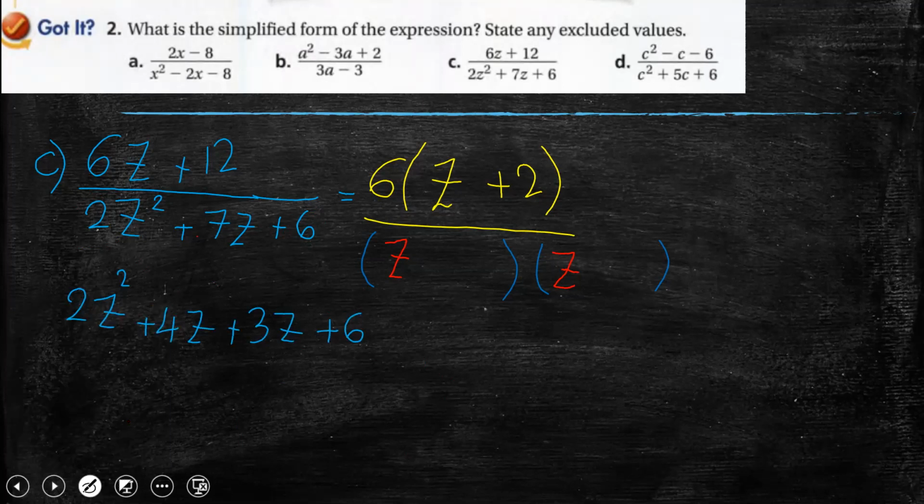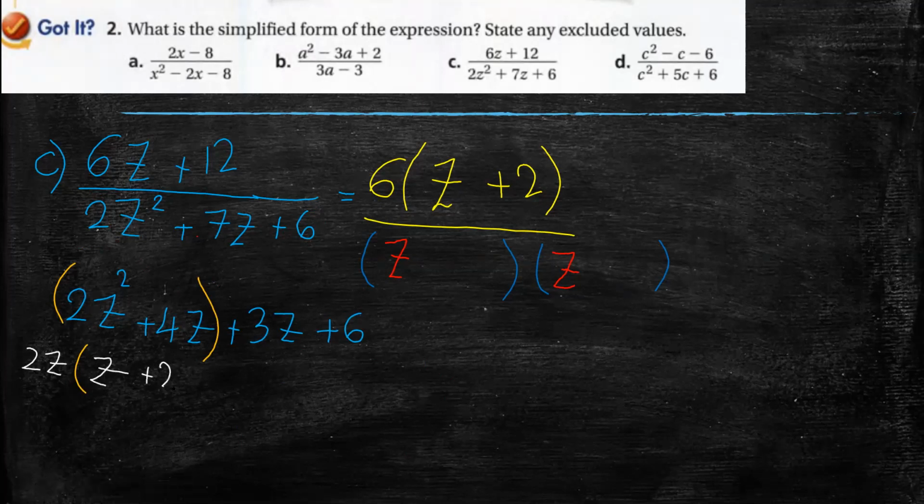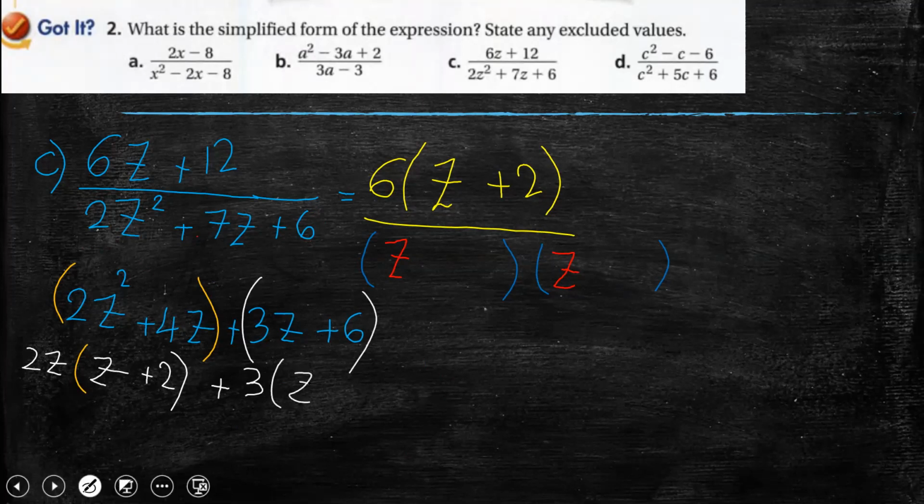Then after that, let's take 2z as a common factor. So we have z plus 2. And here, what did we have? Take 3 as a common factor. 3 bracket z plus 2. Bravo.